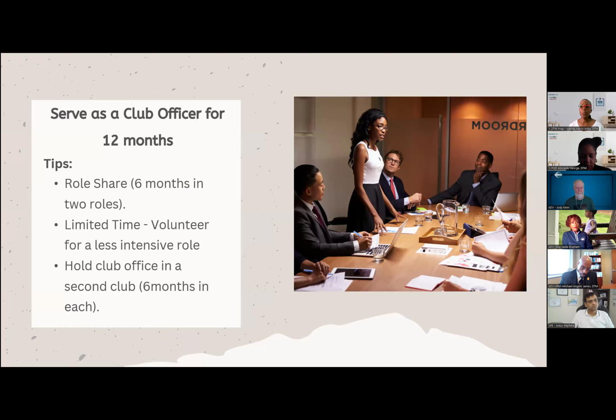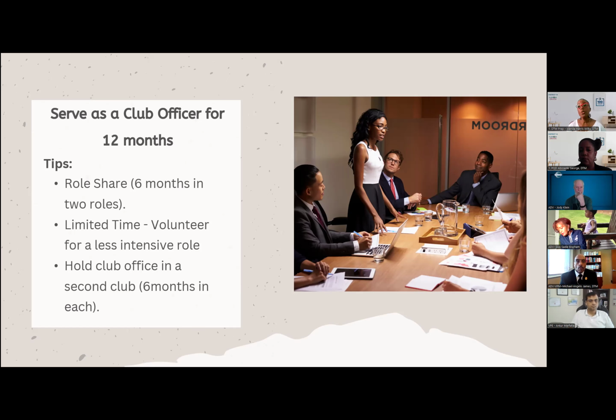So do what we do in the real world. Role share, job share. That's a real thing. You can do a Toastmaster role for 6 months. Now you kind of work this out with your club, but it is, again, allowable. You can do one role for 6 months and then maybe swap with another Toastmaster who's doing another role for the other 6 months. That way you both get a taste of two different roles.